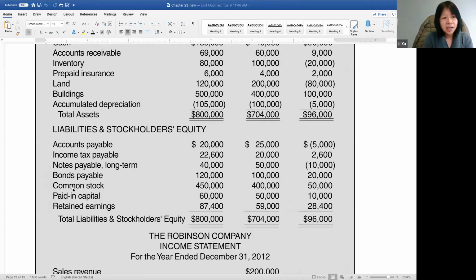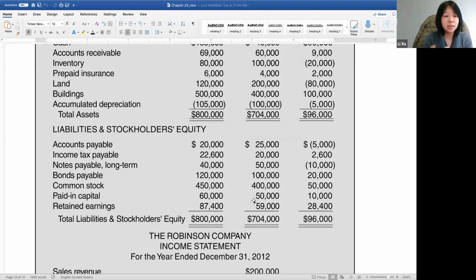Okay, here when you do the statement of cash flows, if you have common stock and paid-in capital, you can sometimes just combine these two as one. The reason is that if you see changes in common stock and paid-in capital, a lot of times they're coming from one transaction, just because you have this par value, which generated this paid-in capital.